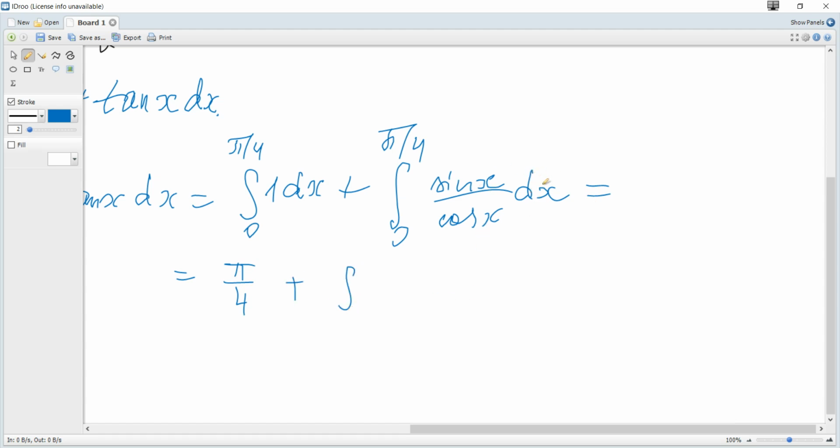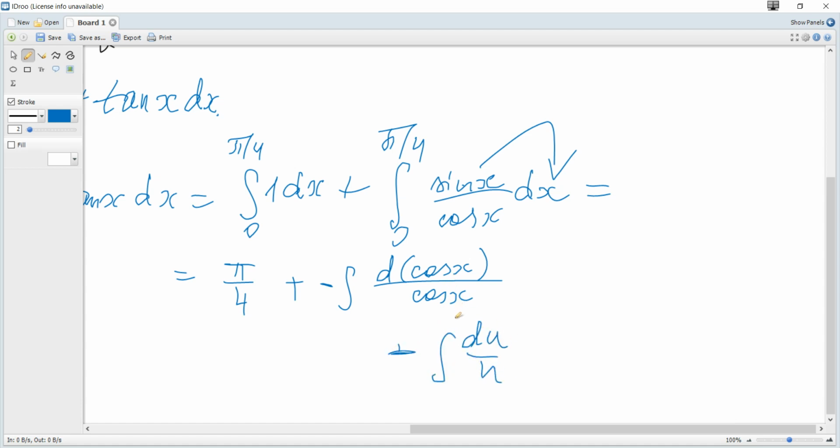And how to integrate this? You can see that sine is the derivative of cosine with a minus, so it looks like negative d of cosine over cosine, and actually it looks like negative du over u. It's called the inverse chain rule, but it's not necessary. You may just use substitution u.